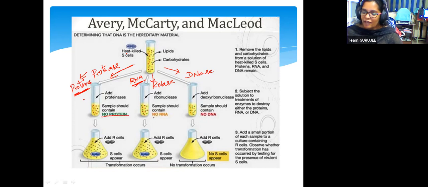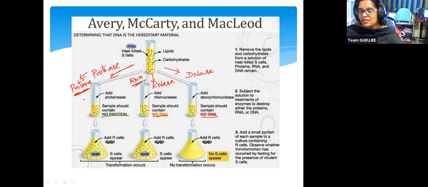After adding RNase, there won't be any RNA inside the test tube. In the last test tube, they added the DNase enzyme, so there won't be any DNA in that test tube. This is the second step.